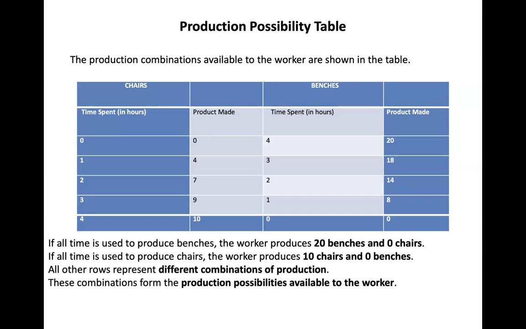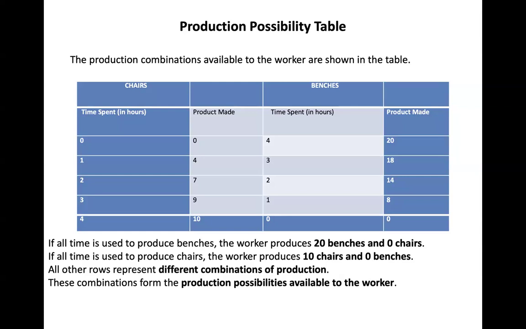We all know that the production combination available for the firm is the worker, as shown in the table. The table represents the production of chairs, benches, the time spent, and the worker.